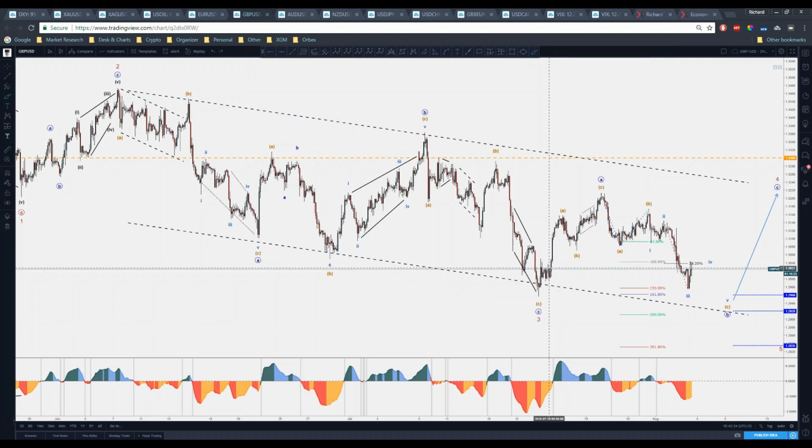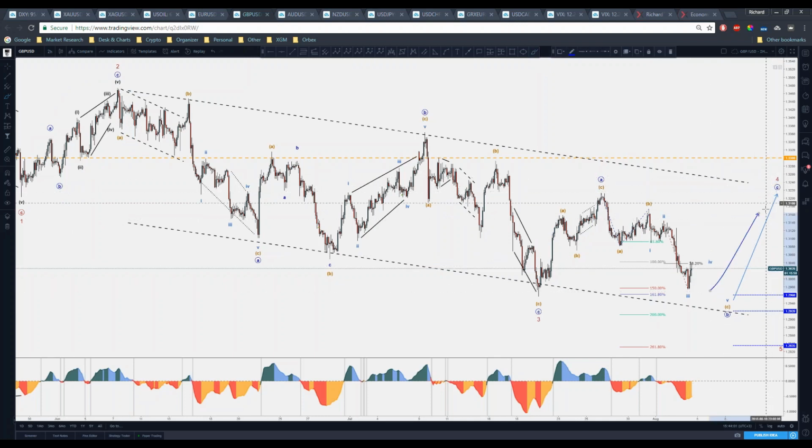Now, for me to treat this as a 4 is not really enough, and I will explain why. Because of the law of alternation, wave 2 was a simple correction, hence I would expect wave 4 to be a complex correction, something that will last longer, first of all.